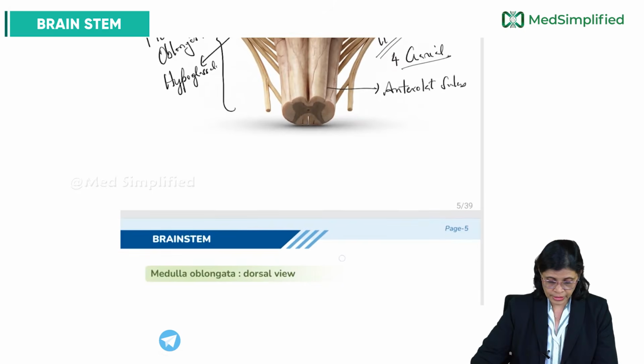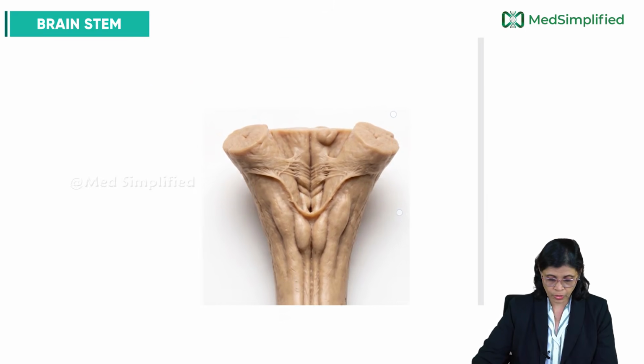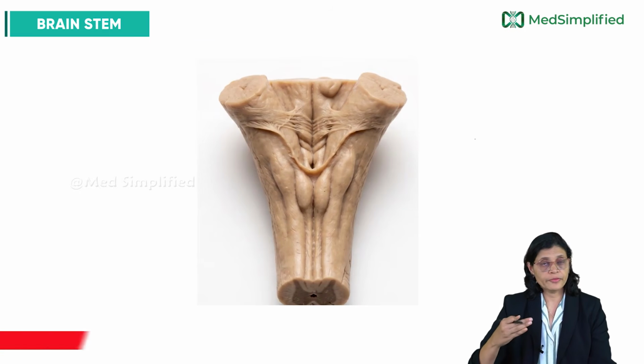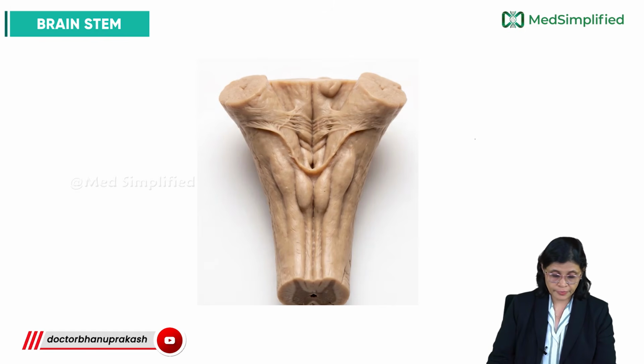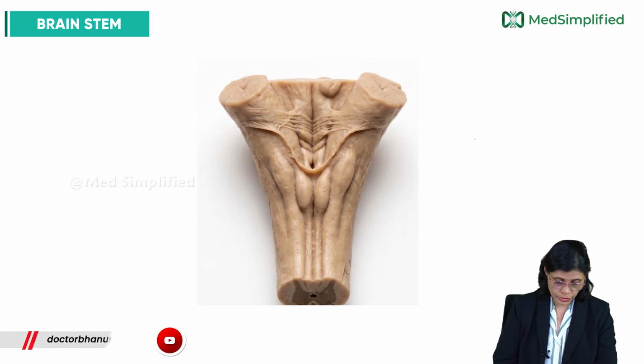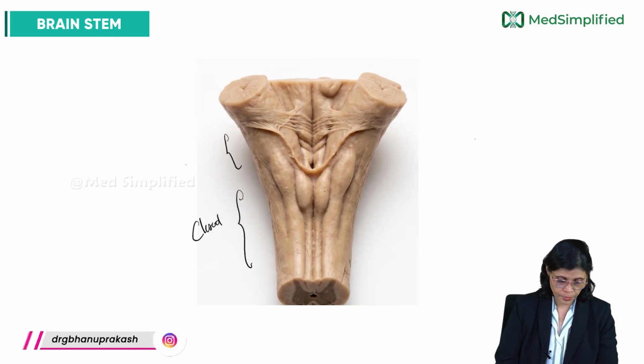Coming to the dorsal view of the medulla oblongata. So when we go to see the features of the posterior part of the medulla or the dorsal part of the medulla oblongata, here we study in 2 parts. Okay, so the lower part is the closed part and the upper part is the open part.